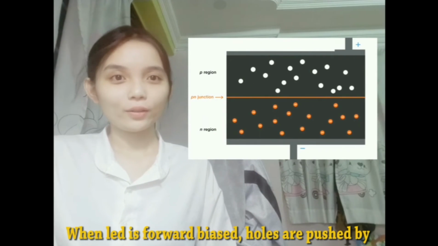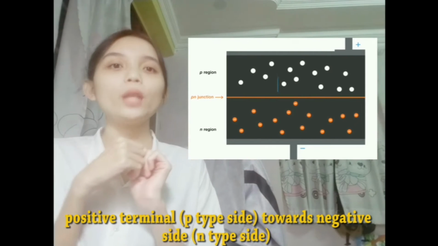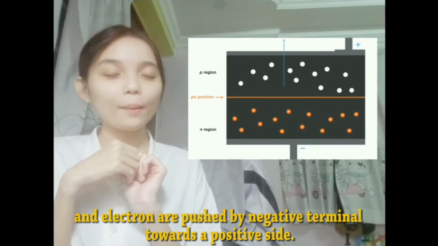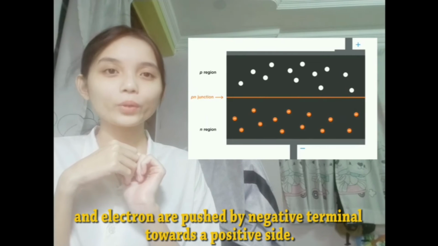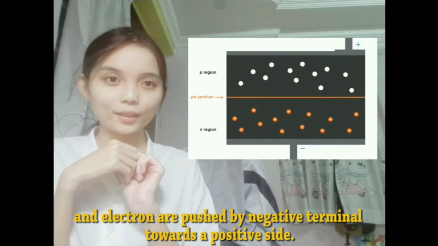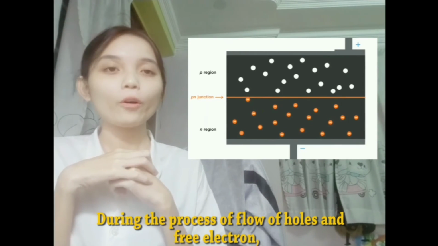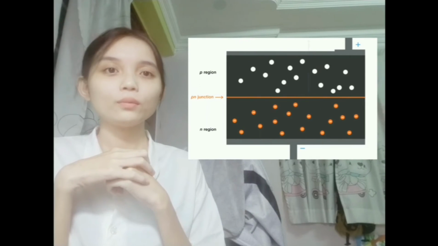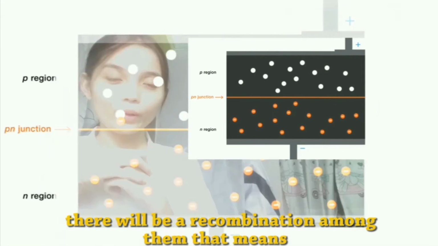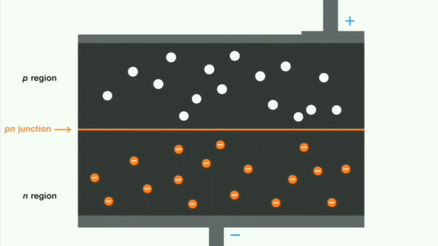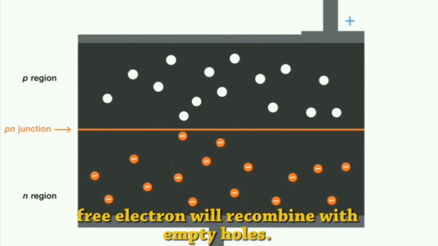When the LED is forward biased, holes are pushed by the positive terminal toward the negative side, and electrons are pushed by the negative terminal toward the positive side. During the flow of holes and free electrons, there will be recombination. This means free electrons will recombine with empty holes.